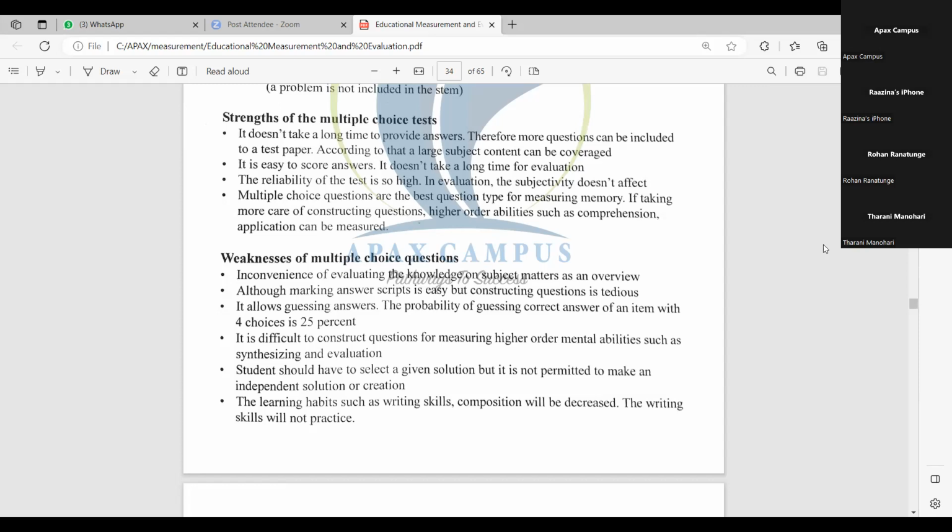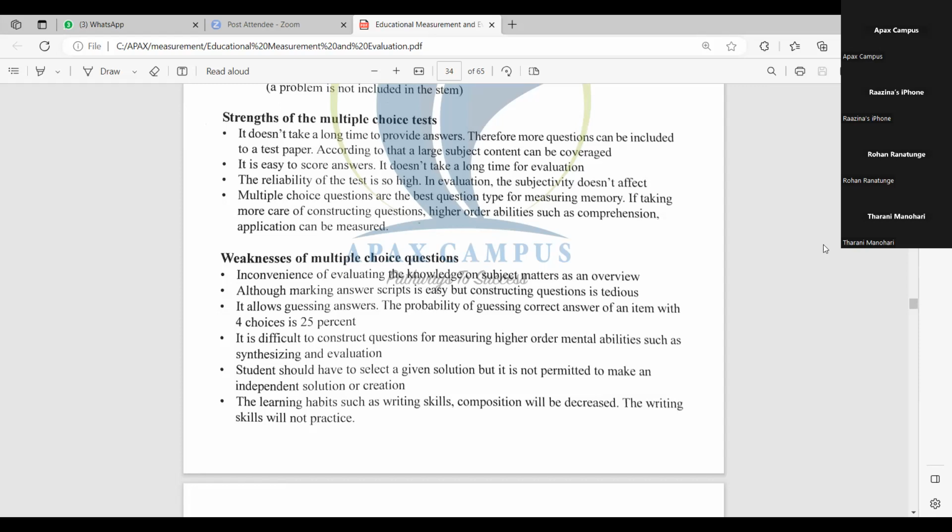Then we go to the weaknesses of multiple choice questions. Inconvenience of evaluating the knowledge on subject matters as an overview. So it's difficult to get an overview of their knowledge on the subject. Although marking answer scripts is easy, constructing questions is tedious.